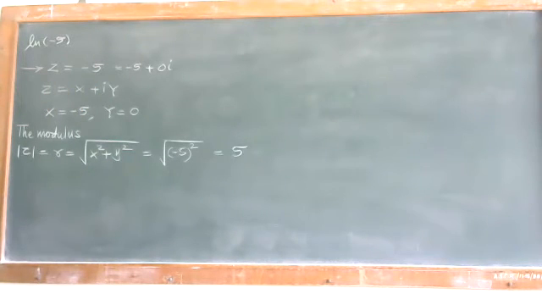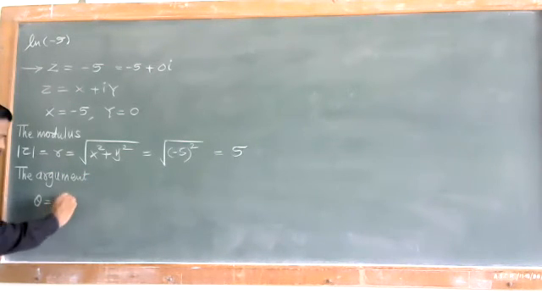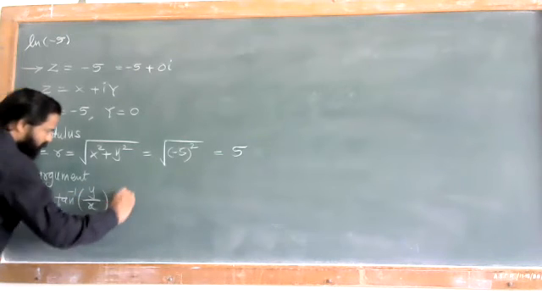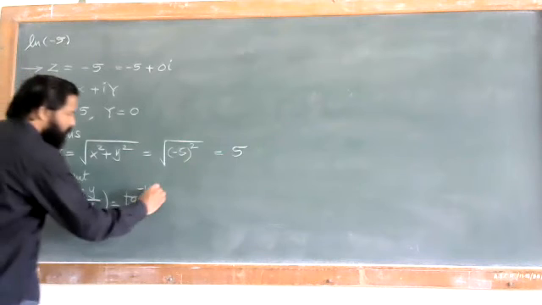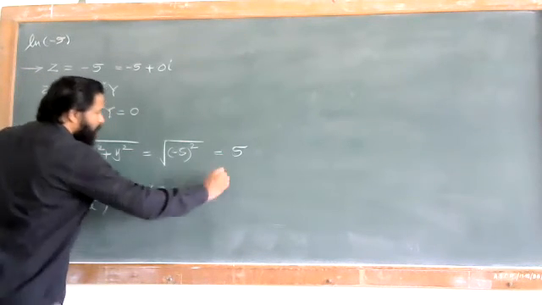The second thing is the argument. So the argument theta is equal to tan inverse y by x, which is tan inverse of 0 divided by -5, and that comes out to be pi.